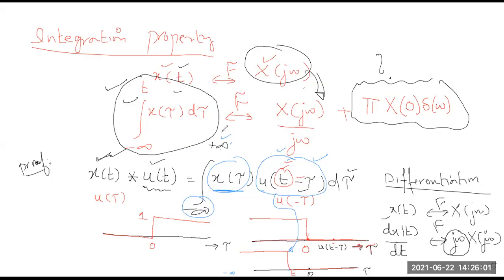And from minus infinity to t, what is the value of this signal? It is simply 1. So this integration that I had written, I can now replace. So I only wanted to give you the idea graphically. Let me remove this now.